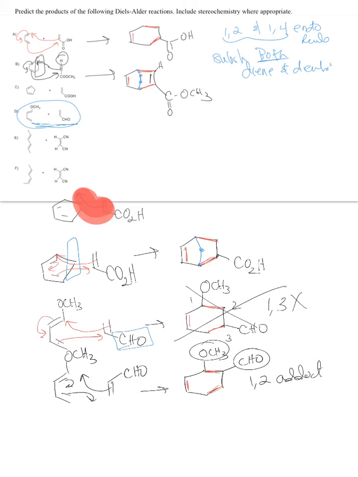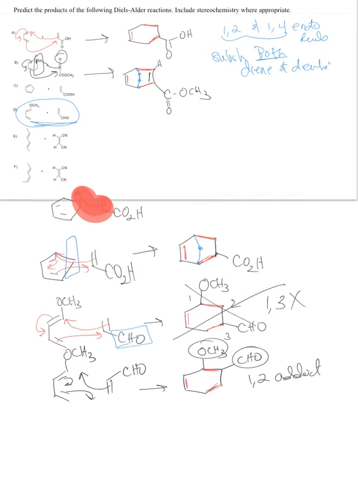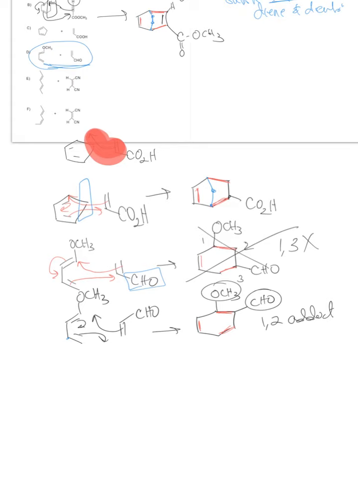Can we get a 1, 4? See if we do that one. So what if we turn the diene, let's try to turn the diene and the dienophile both up.